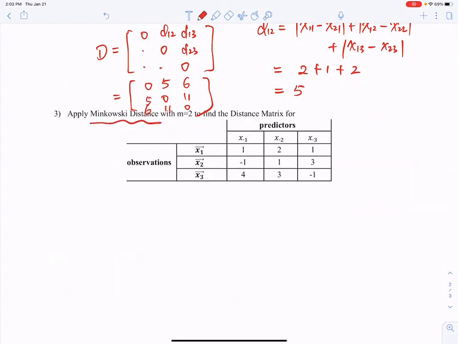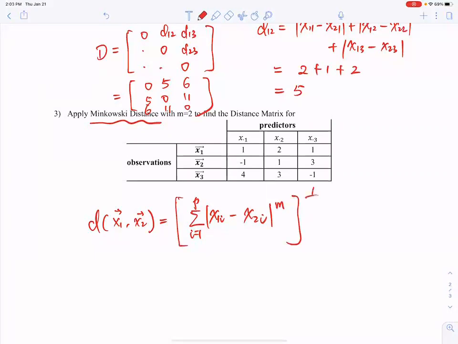If we have two vectors, x1 and x2, the distance equals the summation for i from 1 to p of the absolute value of x1i minus x2i, then we take the power of m and then take the 1 over m root.